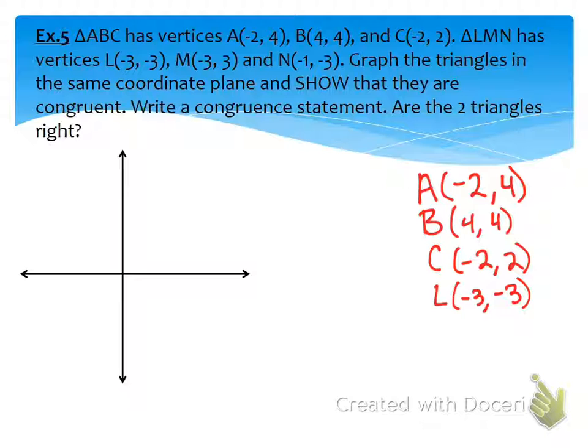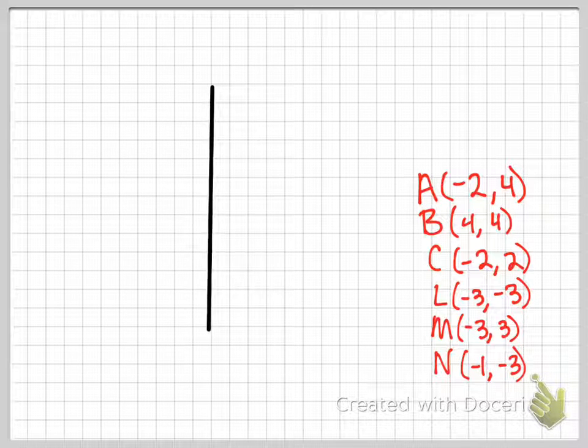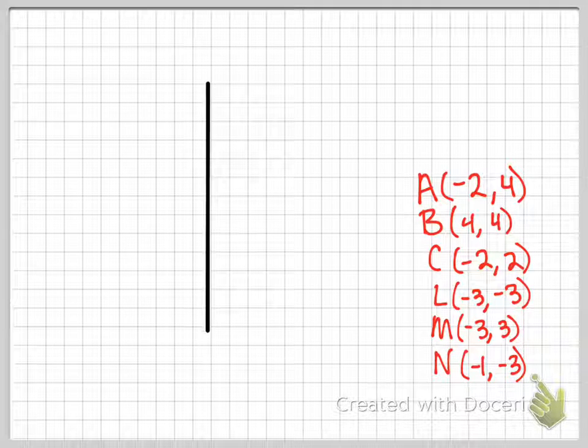I don't know why this PowerPoint was created without an actual grid and just with axes, but not a fan. -1, -3. Okay. Let's switch to some grids. That's not great. It's a little better.